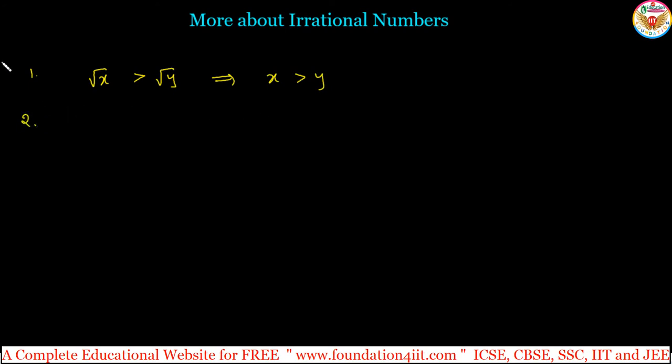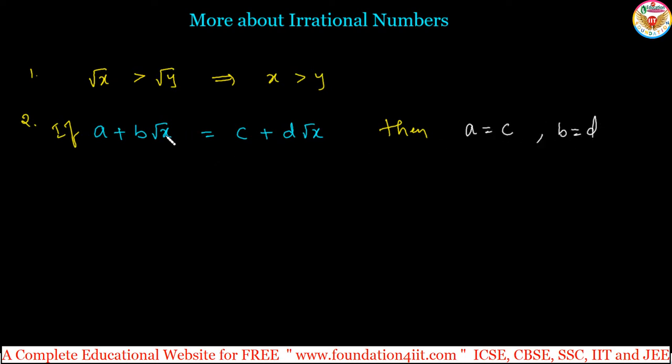And one more is, if a plus b into root x is exactly equal to c plus d into root x, if both are equal, then a is equal to c and b is equal to d. So the root x coefficient here is b, so a is equal to c as well as b is also equal to d.